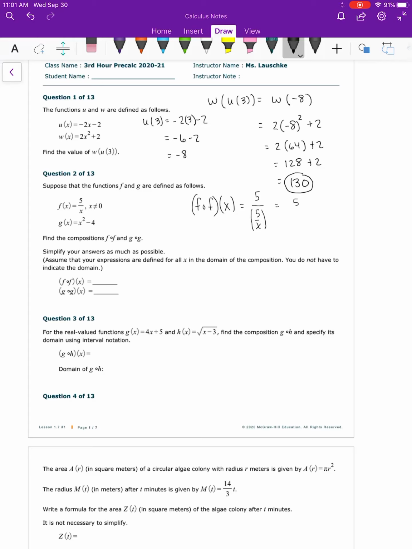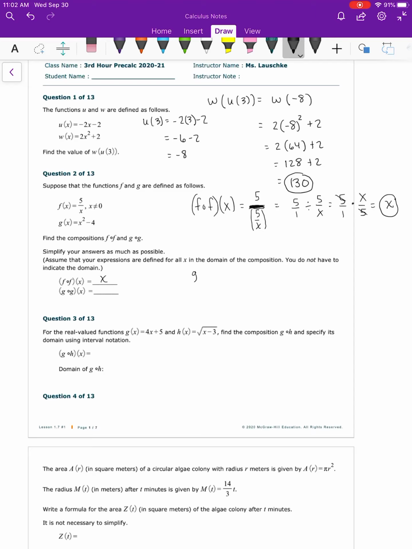So this becomes 5 over 1 divided by, that thick line is your divided by, right? And then 5 over x, which we know for division of fractions, you multiply by the reciprocal. And the 5's cancel, so you get x for f composition f, this first one.